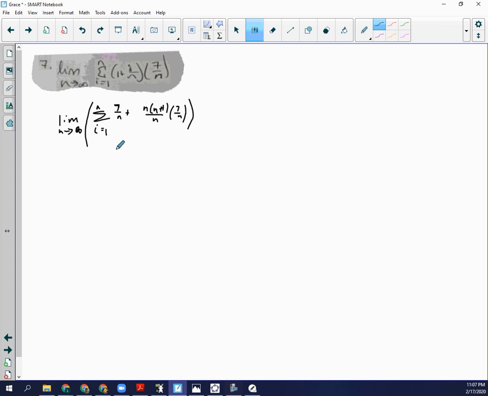This time we'll pull out the 7 over n. Let me start over. That was my scratch work to figure it out.